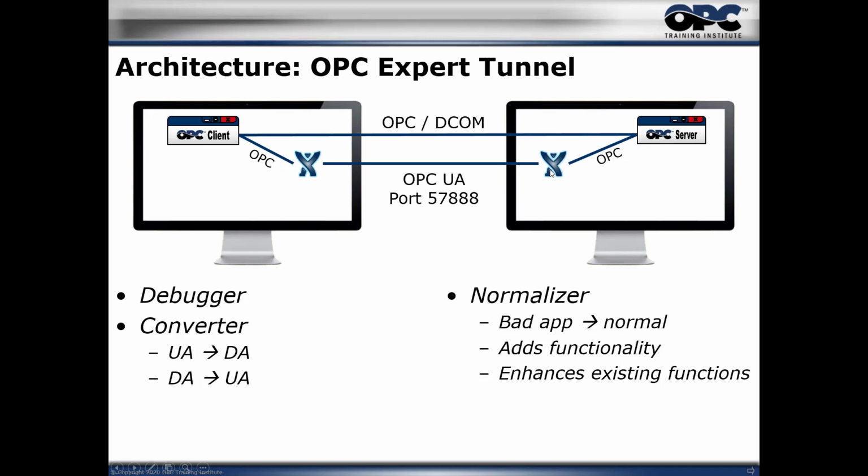Well, with OPC Expert, we've had a huge number of connections over the years, and we've built it such that it connects to non-compliant servers that behave a little bit differently. For example, you write to a server, it says the write succeeds, but it didn't. So OPC Expert will verify the read before it says it succeeded. So it can make bad servers good.